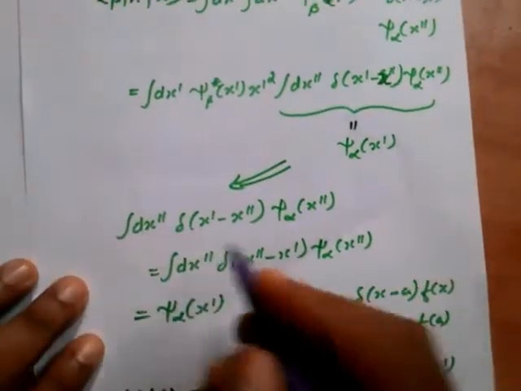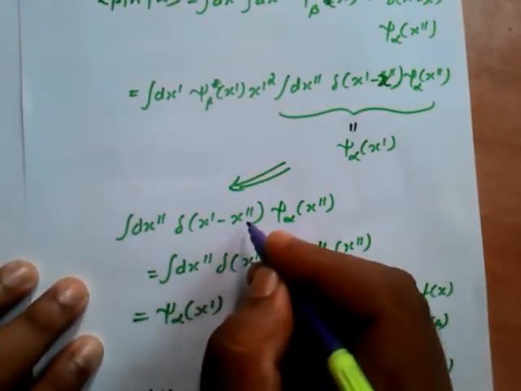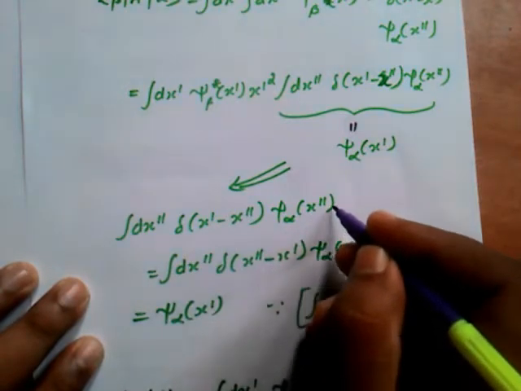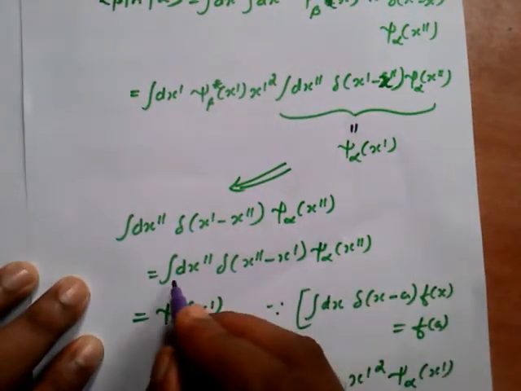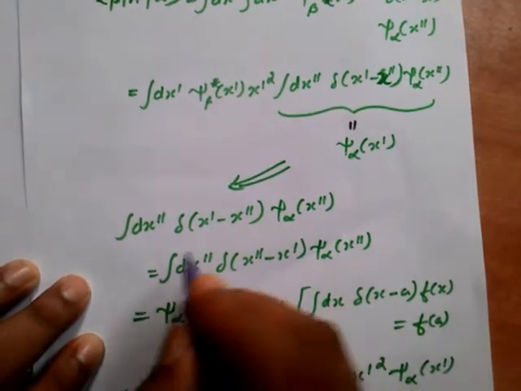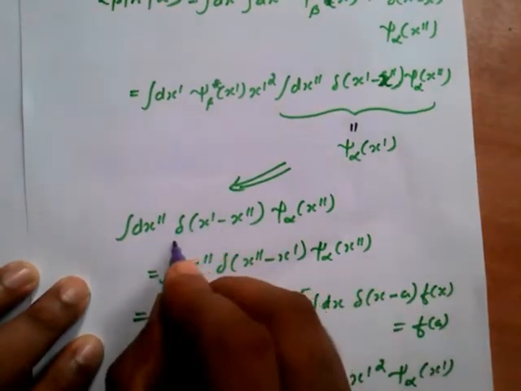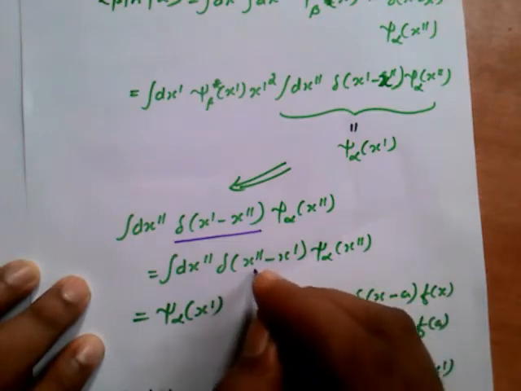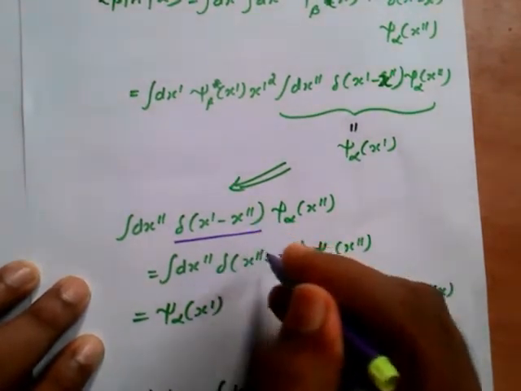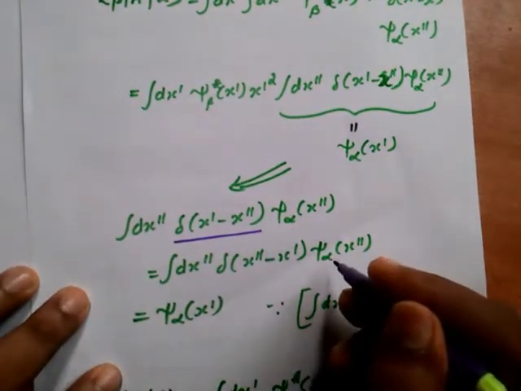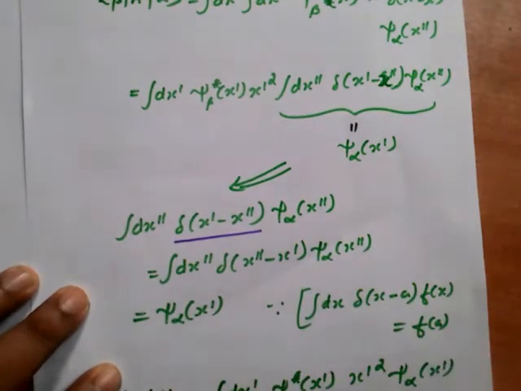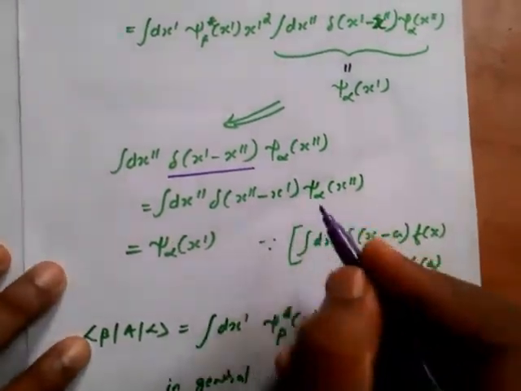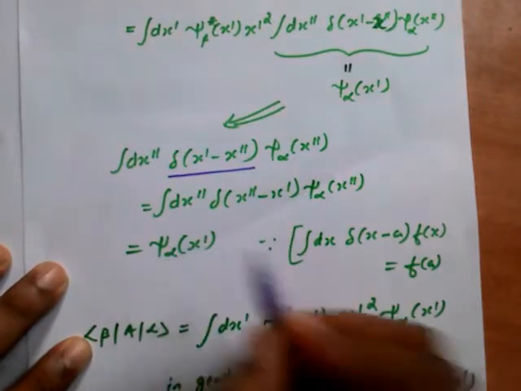Let's check how. Integral dx double dash, delta of x dash minus x double dash, psi alpha of x double dash. We can write delta of x dash minus x double dash as delta of x double dash minus x dash, this is the property of the delta function, into psi alpha of x double dash. That is equal to psi alpha of x dash.